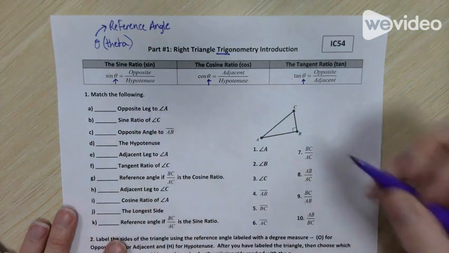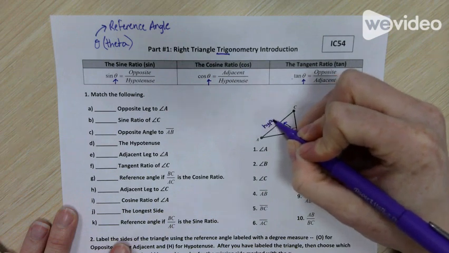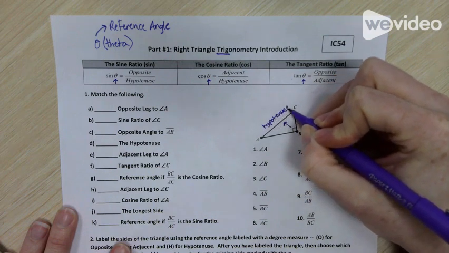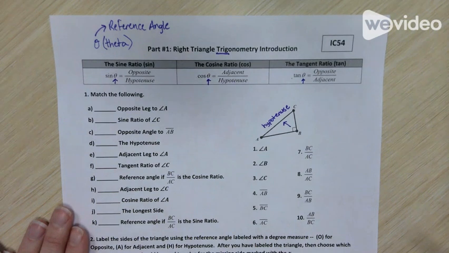We know that the hypotenuse is always across from the right angle. So that terminology should be familiar to you from our Pythagorean theorem days or from our congruent triangle, HL, hypotenuse leg days. But the others, opposite and adjacent, will depend on which angle of the triangle is our reference angle.